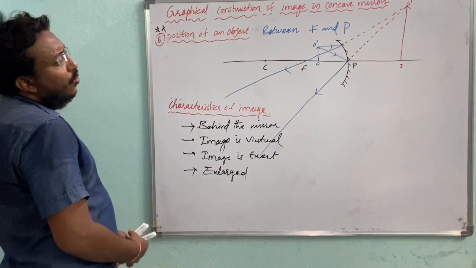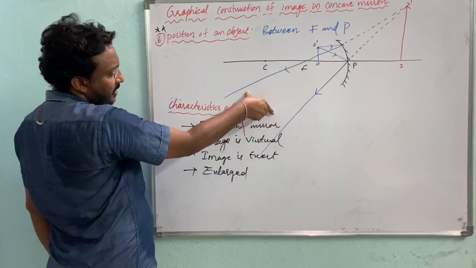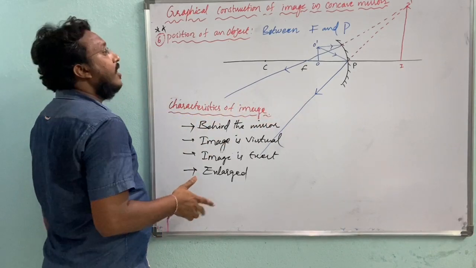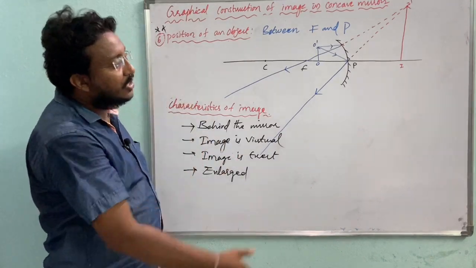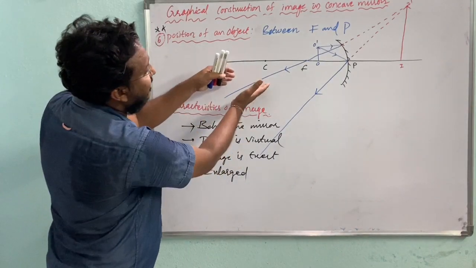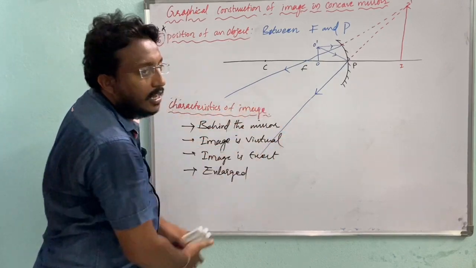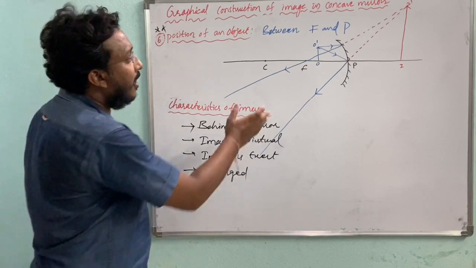The two reflected rays are diverging; the distance between them is increasing. So they never meet in front of the mirror. There is no chance to meet, because they move in different directions.